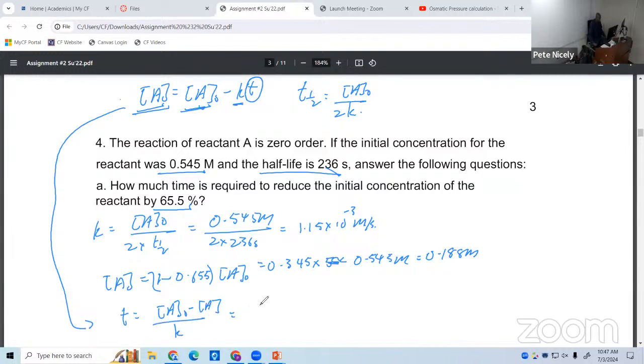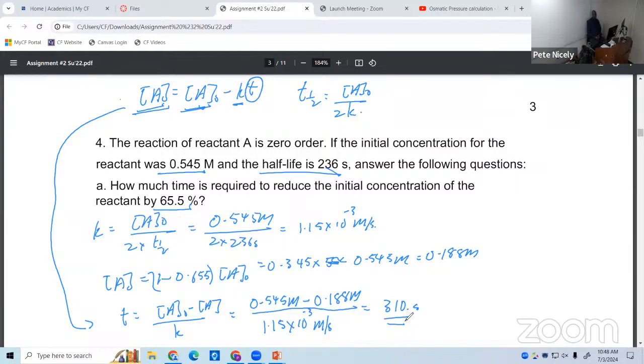So that would be 0.545 M minus 0.188 M divided by the k, which we calculated to be 1.15 times 10 to the minus 3 M per second. And according to my calculations, I got 310 seconds. All right? And that's how we do the A part.